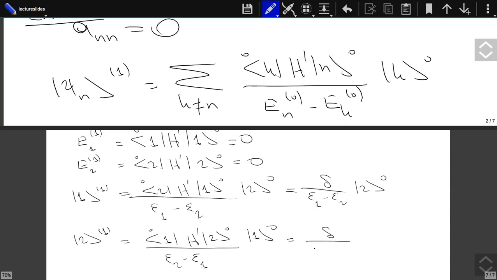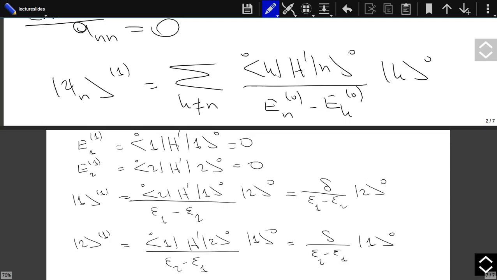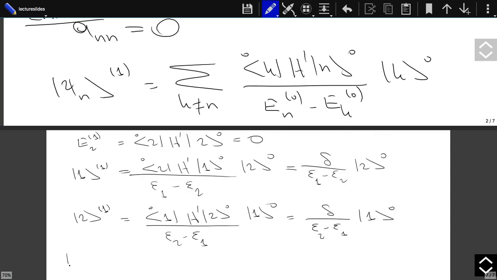This is just delta over epsilon 2 minus epsilon 1, times the ket of 1^(0). So the first state is 1^(0) plus delta over epsilon 1 minus epsilon 2 times 2^(0), plus higher order corrections.